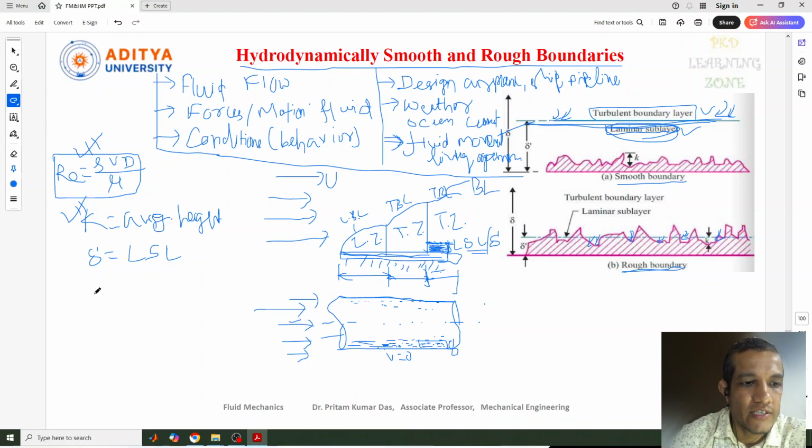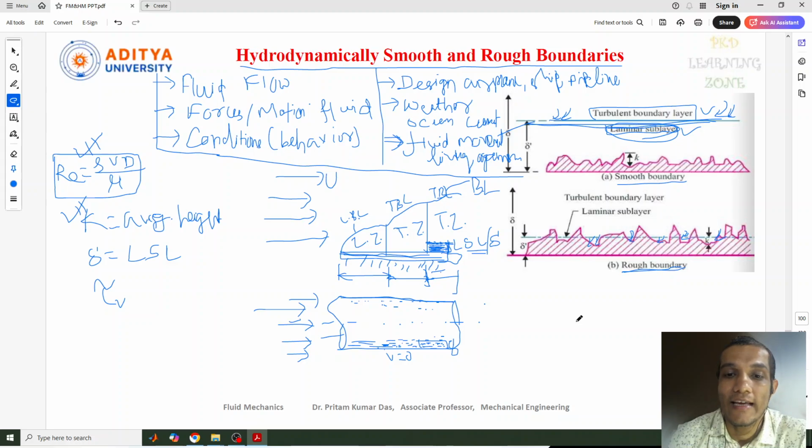Viscous shear stress is tau V, that means the shear stress affected by the viscosity. There is a viscous effect here, which is why the flow velocity will be very low and negligible. So near the boundary, the viscous shear stress is dominating.